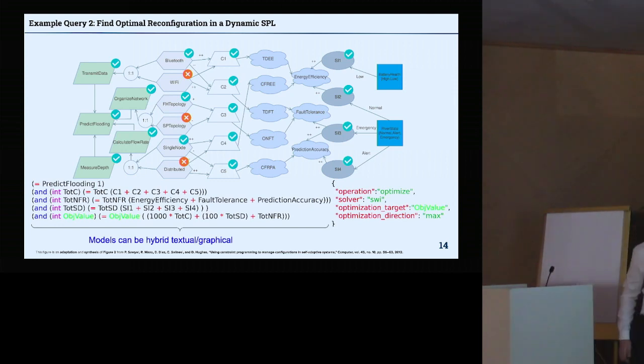And what we're doing here is we're defining the optimization target. And what we're saying is, given some optimization target, and the details are in the paper if you're interested, the query is completely different. This time, we're going to use another solver, and we're going to ask for the optimal solution when we optimize for this objective value, which in this case is something about optimizing the satisfaction of all the requirements that are depicted here.